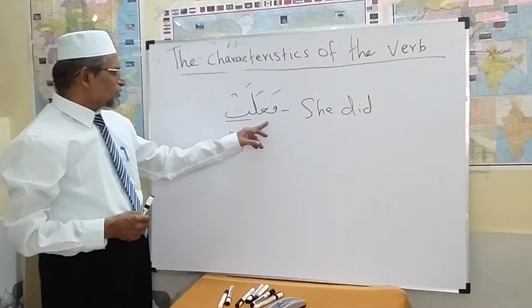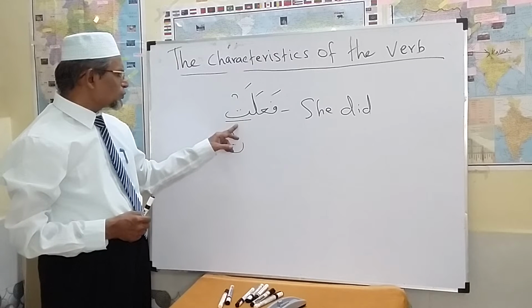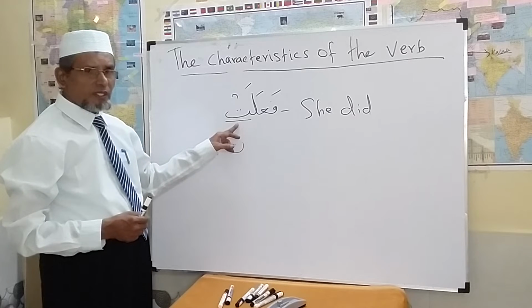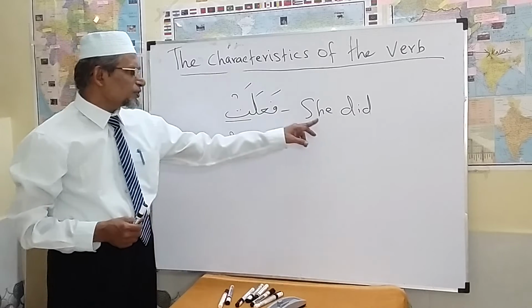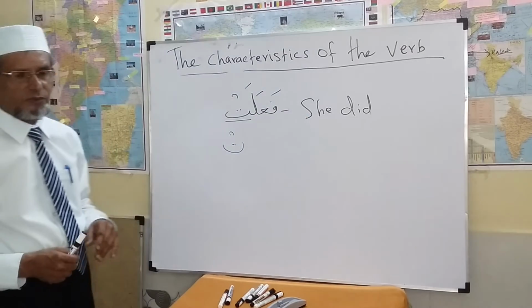Fa'ala, the three letters, means did, and the one letter ta represents the meaning of she. Total meaning, she did.